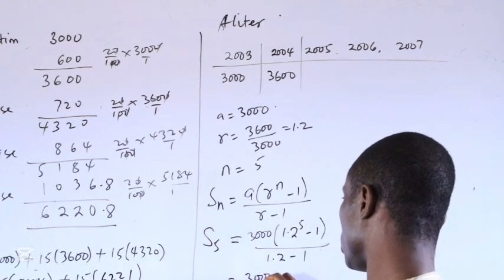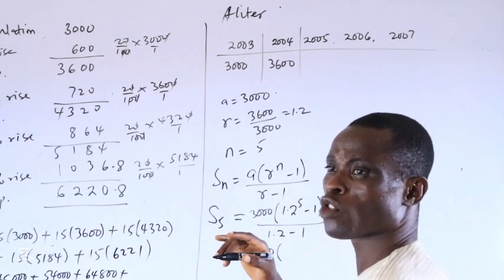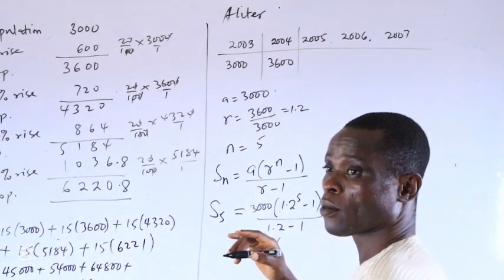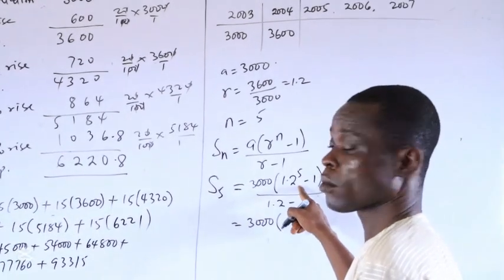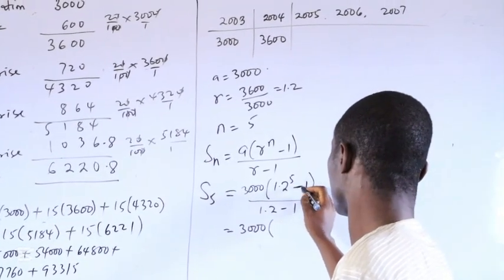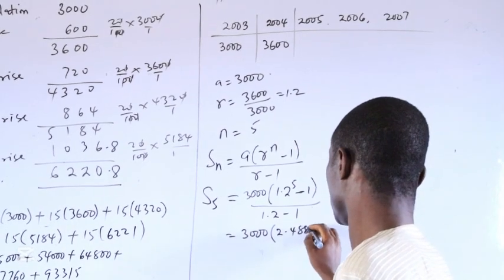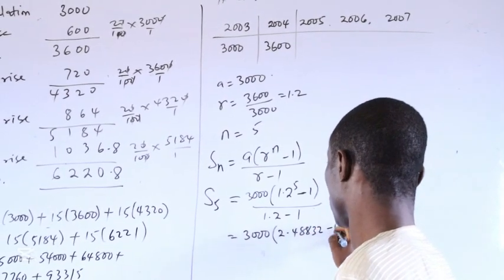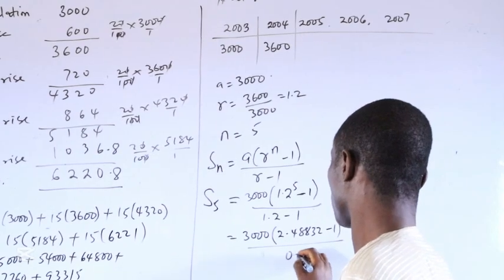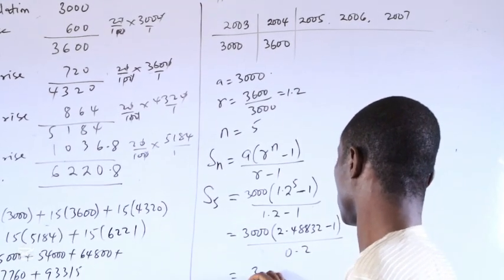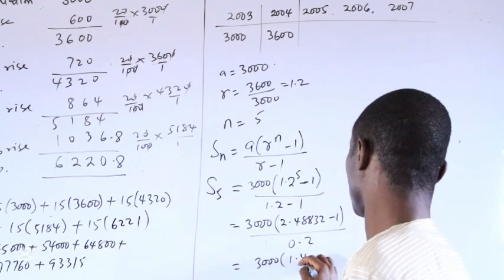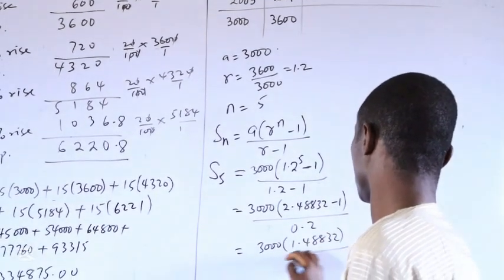That's 3,000 into what is 1.2 raised to power 5? 2.48832 minus 1, over 0.2. That is 3,000 into 1.48832 all over 0.2.